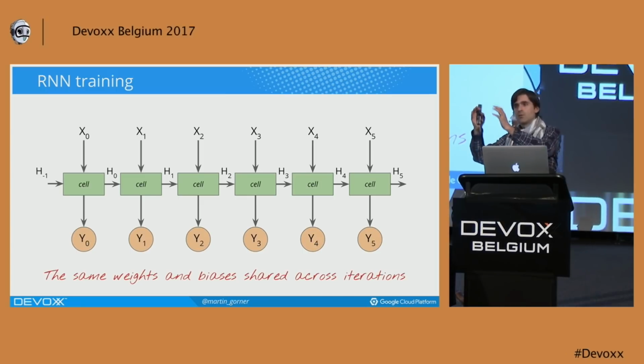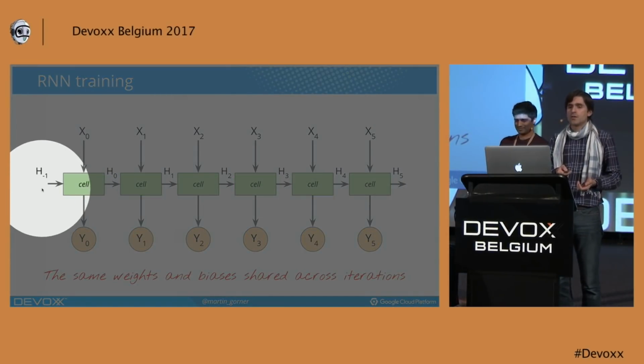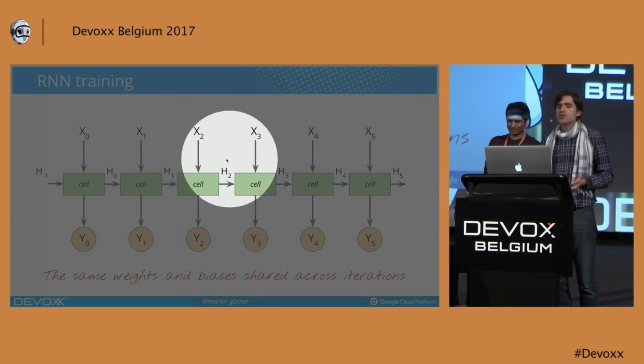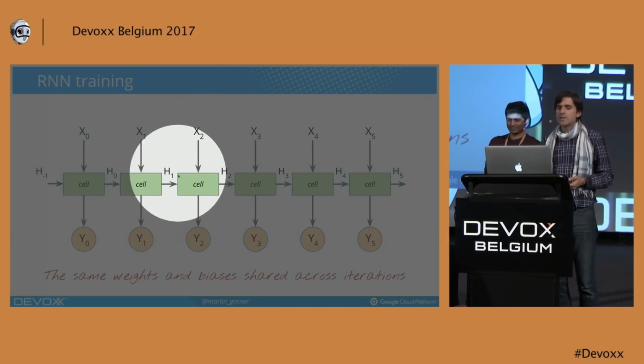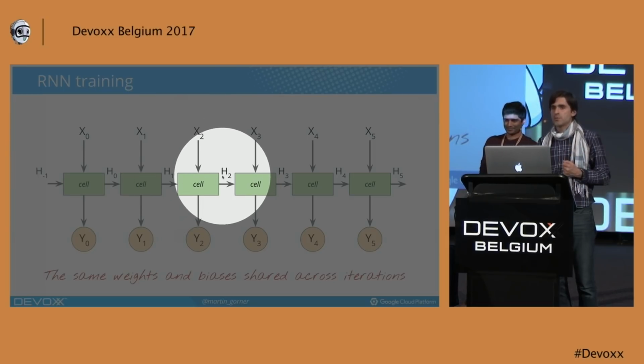It's the same cell with the same weights and biases replicated, and you will still be stuck with the first input here. But if you say, for instance, that H2 has some dodgy values in it, you have all the weights in this cell to work with to produce an H2 that has better values.